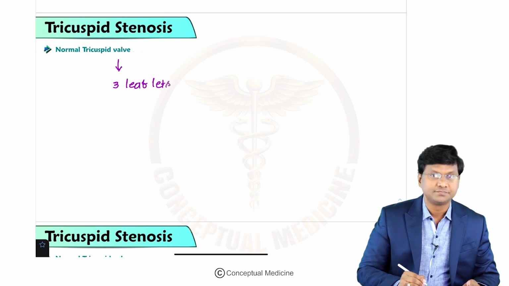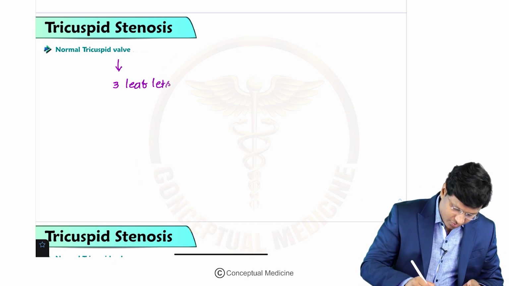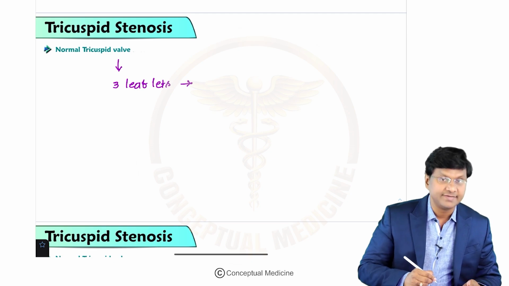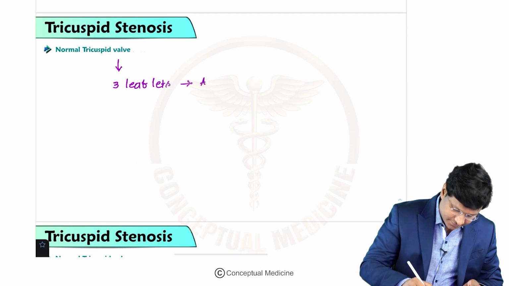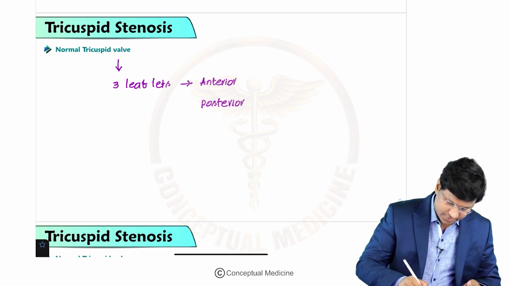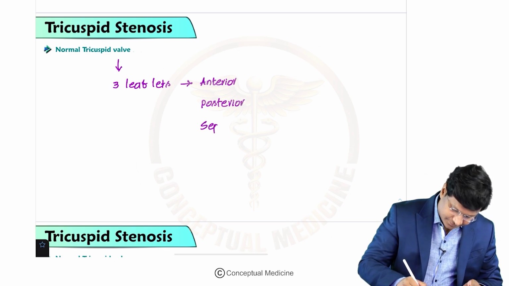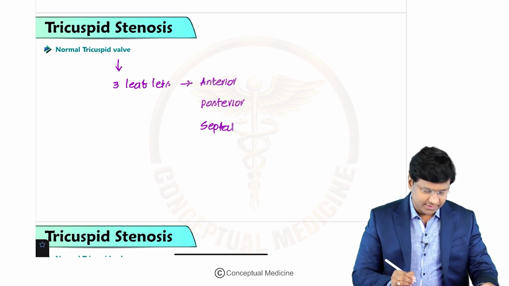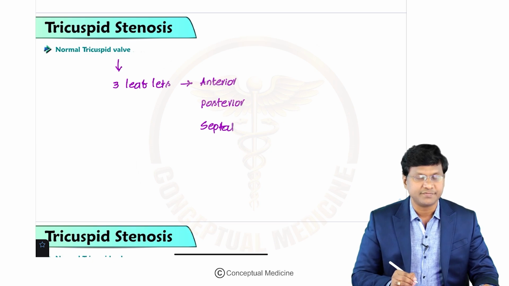The valve consists of three leaflets, right? And what are the names of these leaflets? They are anterior, posterior and the septal leaflets. So these three are the leaflets of the tricuspid valve.